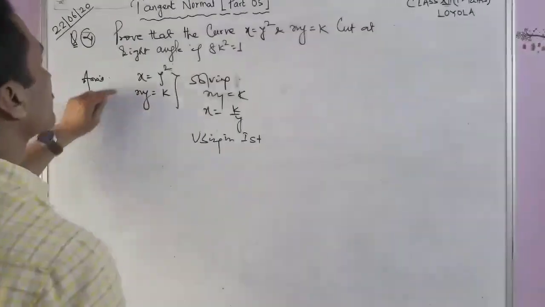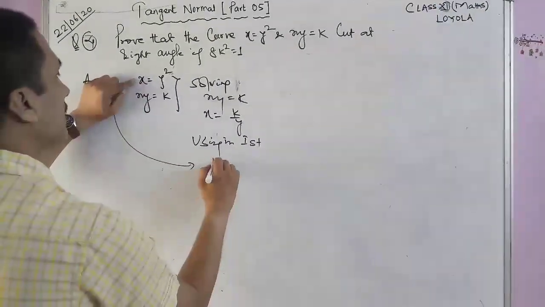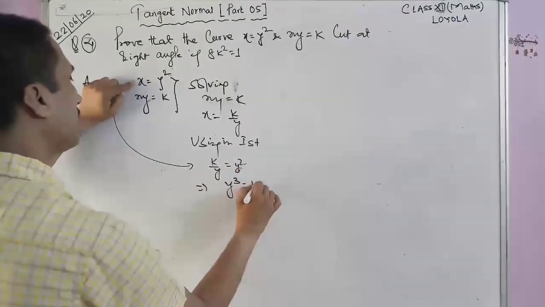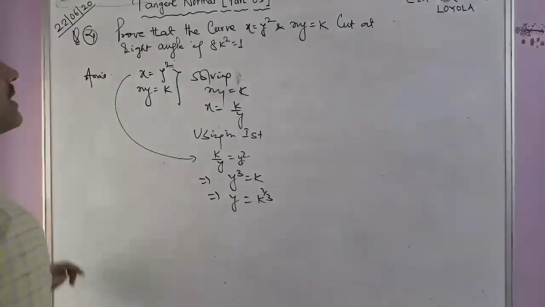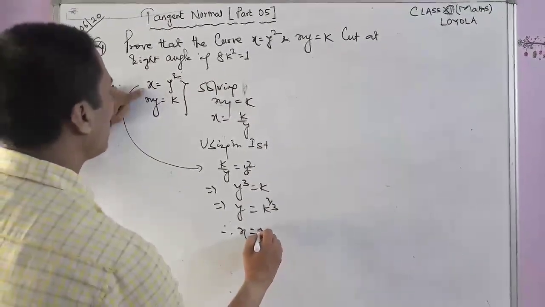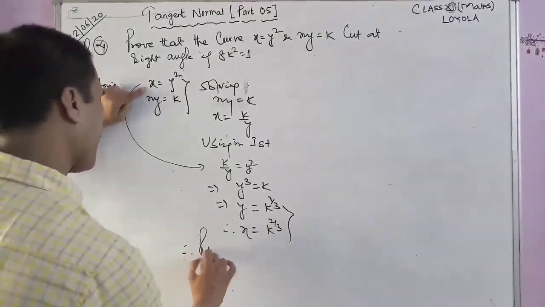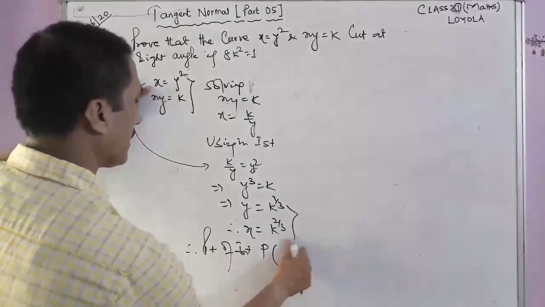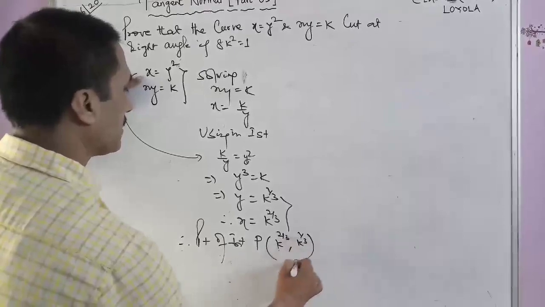Using in first, k upon y equal to y square, this implies y cube equal to k, so y equal to cube root of k. Therefore, from first relation, x equal to y square, that is k to the power 2 by 3. So, point of intersection P is k to the power 2 by 3 and k to the power 1 by 3.